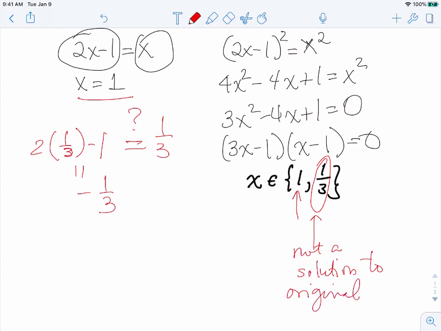So what just happened? What happened is that we turned this linear equation, this line equals this line, into this quadratic equation. This parabola equals this parabola. Where does this parabola equal this parabola? Which generally has two solutions.